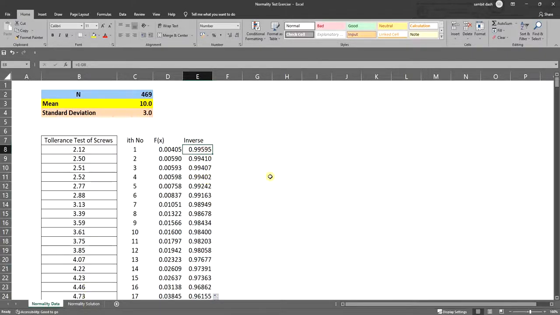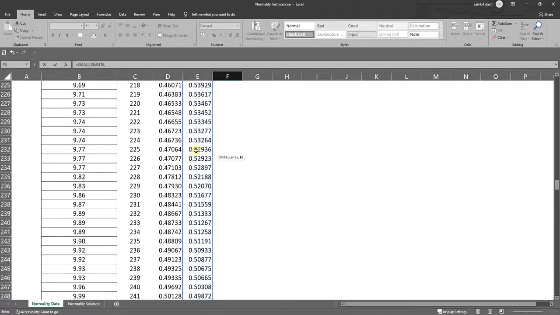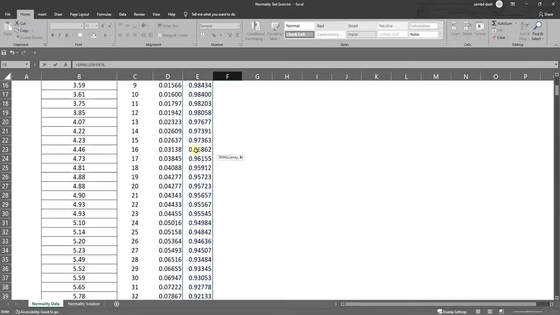However, this inverse probability is not sorted, right? So we'll sort this, sorted inverse. I am writing here in this way so that you can understand it. To sort this one, what we have to do is equal to small, and array would be this data set, and k is the kth interval, or we can say the ith interval, right?